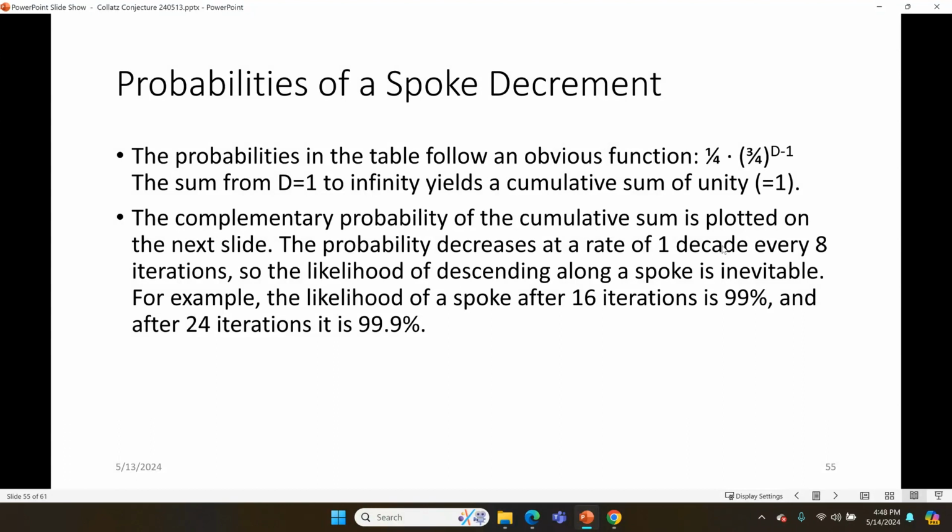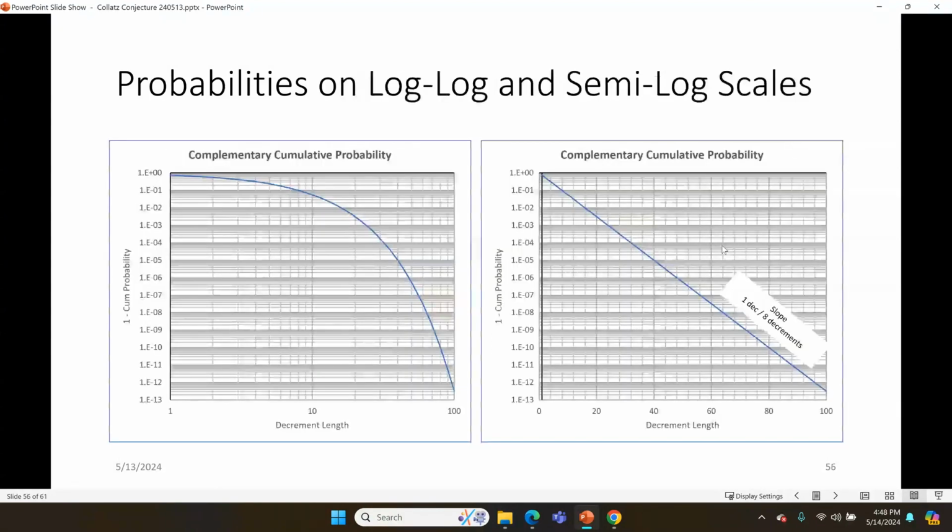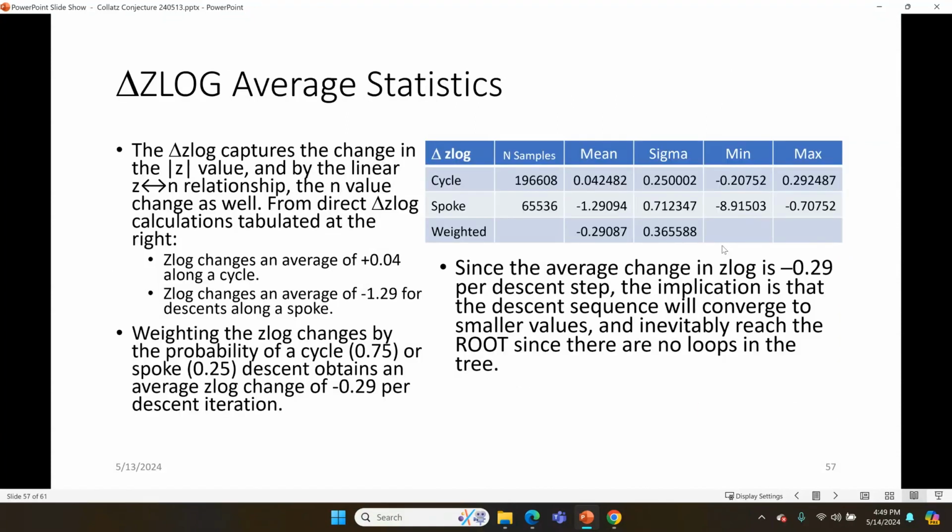This lets us define a useful function called the delta z-log. The delta z-log is the change in the z-log value on consecutive descent values. So in this particular case, I've taken the statistics over some consecutive z values in the spiral.